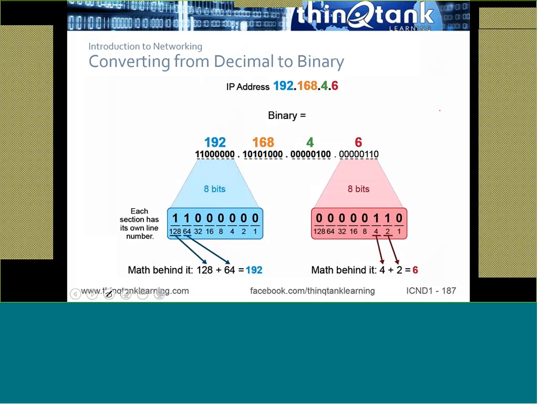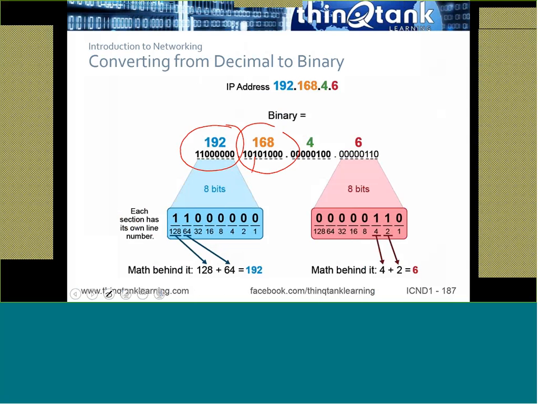We're just looking at a couple of different examples here before we move on to the next part of this discussion. 192.168.4.6. Hopefully, if you look at this now, you understand how I got 192. I got 192 because the 128 placeholder and the 64 placeholder are turned on. 168 is 128 plus 40.